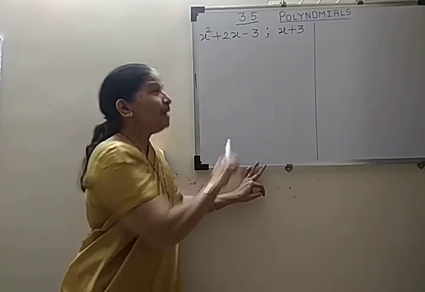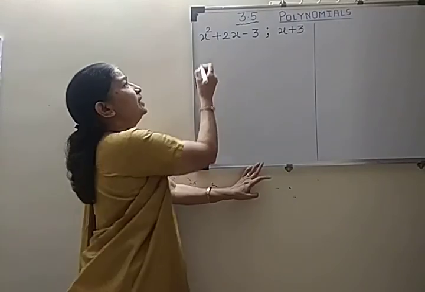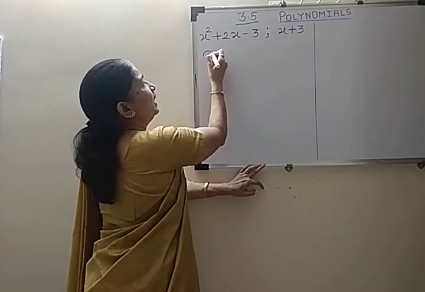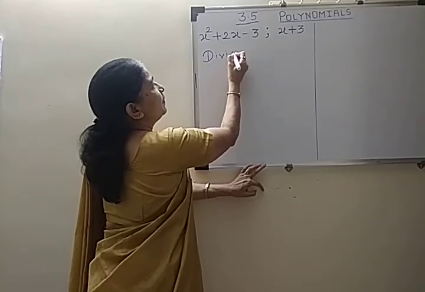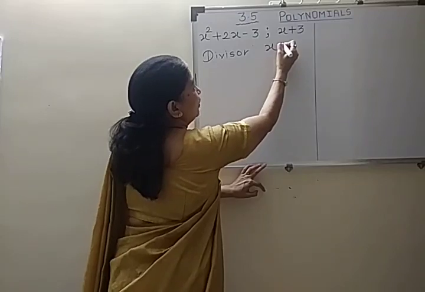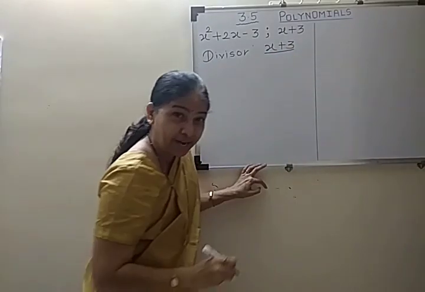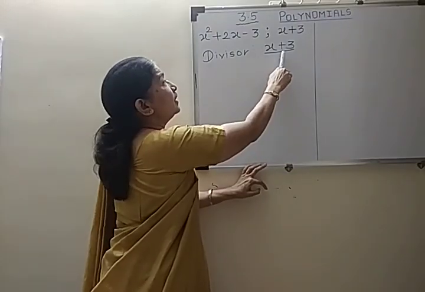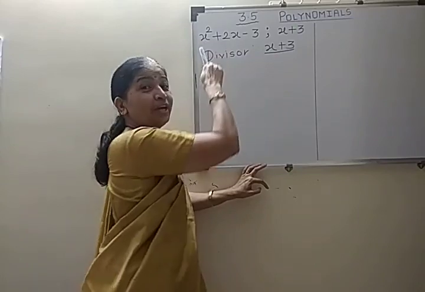By factor theorem, which divisor have they given? The divisor is x plus 3.